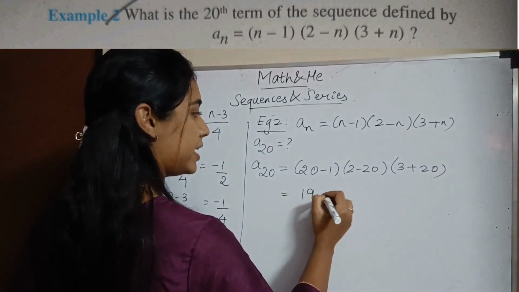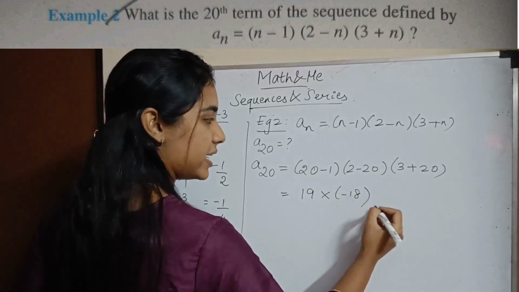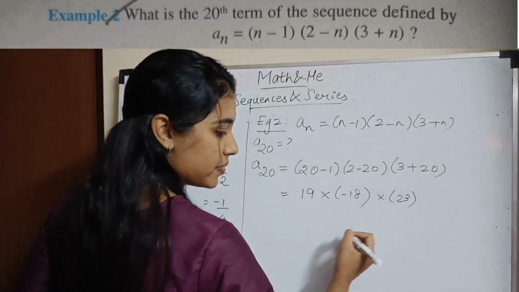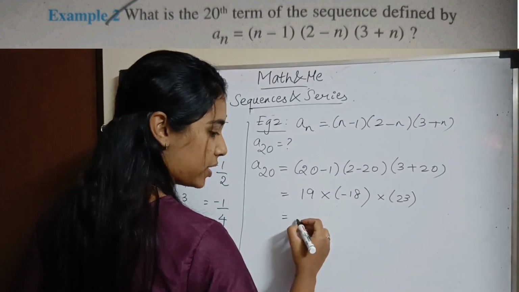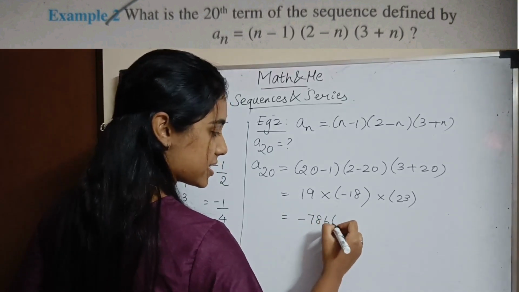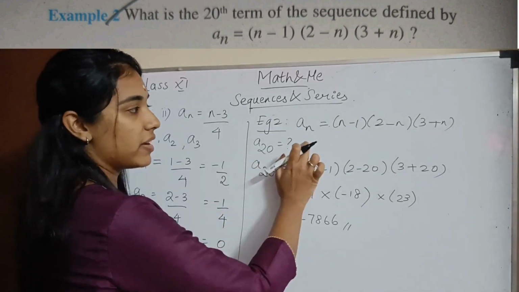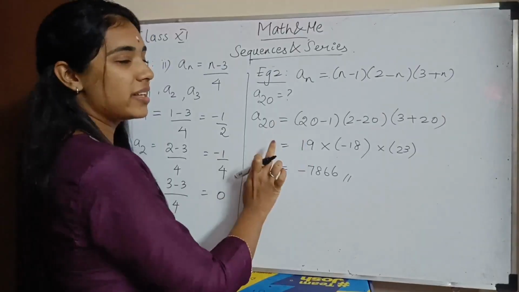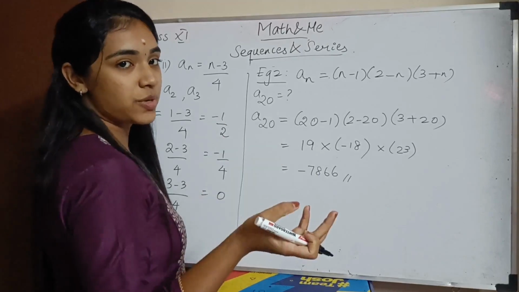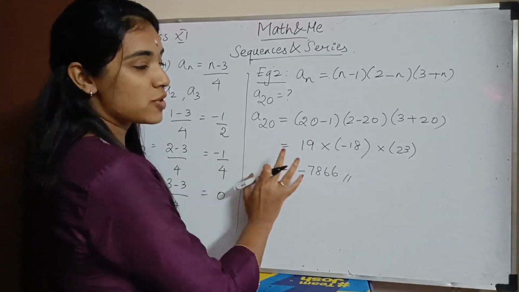So you have 19 times minus 18 times 23. You simply multiply them and I'll just write down the answer for you. It's minus 7866. It is there in your NCERT textbook. So this is how you find A20 when An is given. You'll see why this is useful when you're solving exercise questions. It is very basic, but you'll see why it's important.